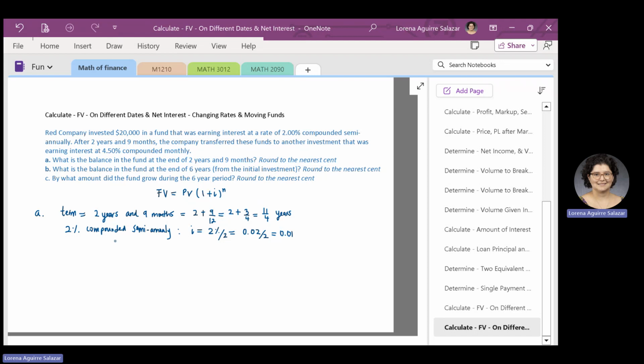Now, for part A, we need to know n. To find n, we use a formula that is very useful, that tells us that the total number of compounding periods during a term is calculated by multiplying the compounding frequency by the time in years. So n equals the compounding frequency multiplied by the time in years.